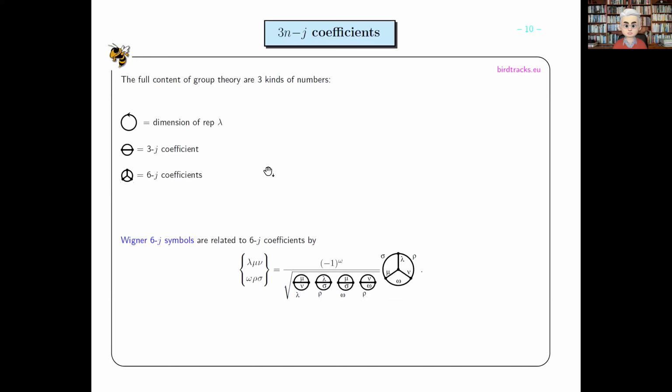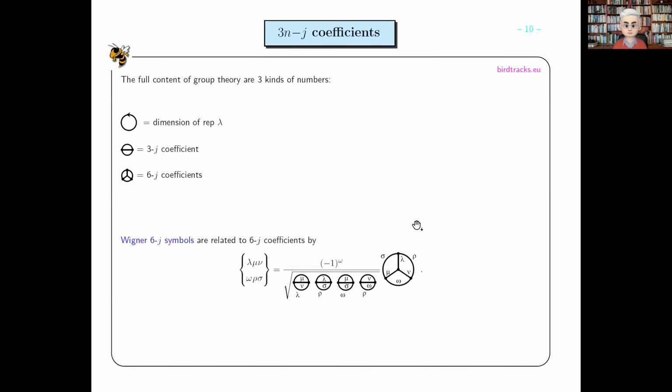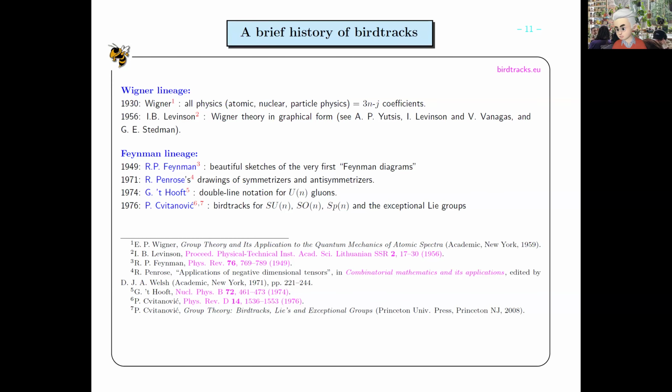And then there's this guy here, that's called the 6j coefficient, and there's nothing else. So Wigner understood that everything can be expressed in what were called 3nj coefficients. And that's the Birdtracks picture for them, and that's Wigner's 6j symbol.